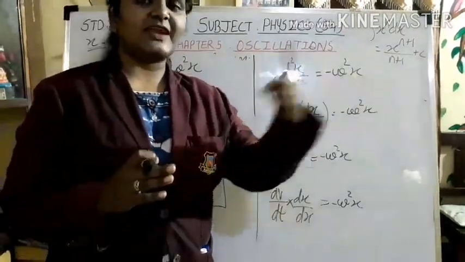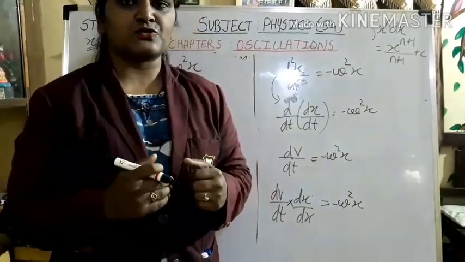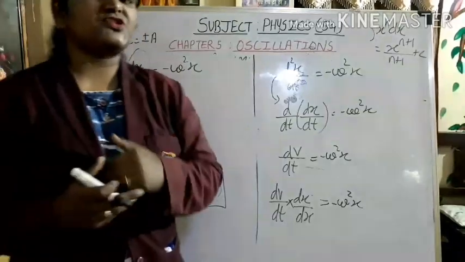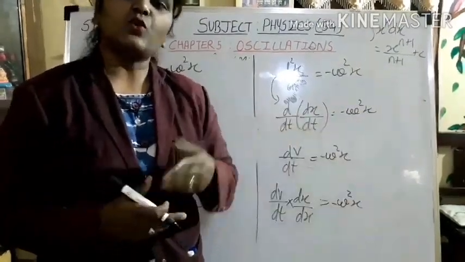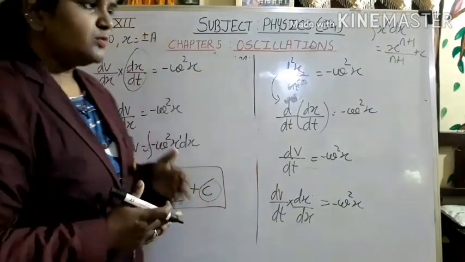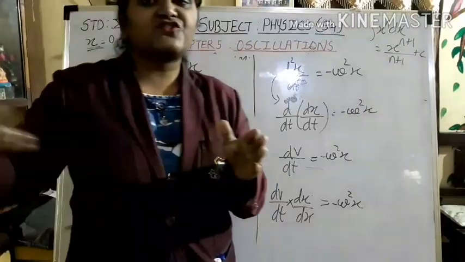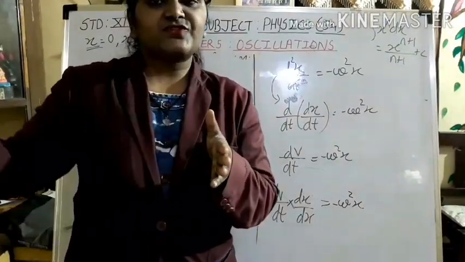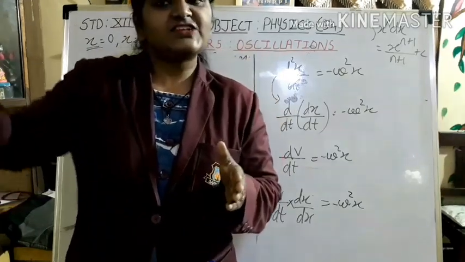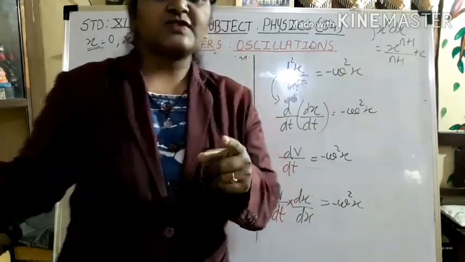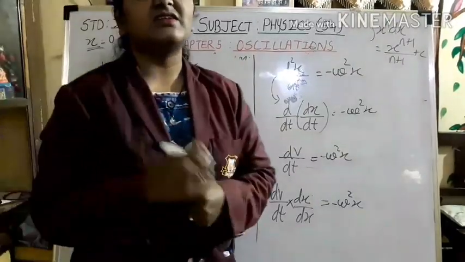Either it will be on the right side or on the left side. That's why we are taking plus and minus over here. For mean position x will be 0 because no displacement has taken place. So what happens when the particle is at extremity? At the extreme, velocity will obviously be 0 because it has reached that point. So we are going to take that as the boundary condition.